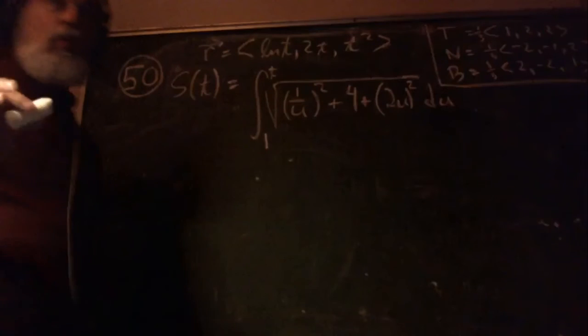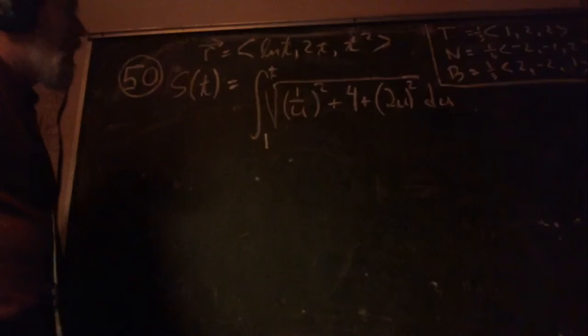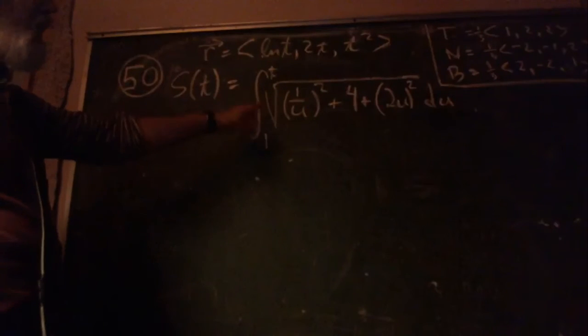Plus, derivative of that is 2, squared is 4, plus derivative of that is 2t, so it's a 2u squared du. And those of you that remember Wednesday's class are going to look at this and say, oh, yeah, we did this. You factor out a 1 over u squared.